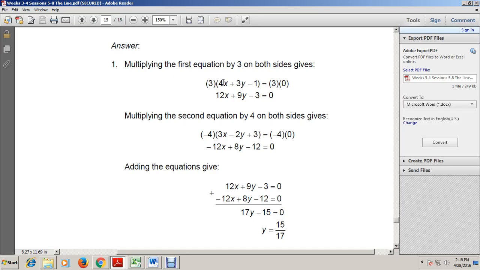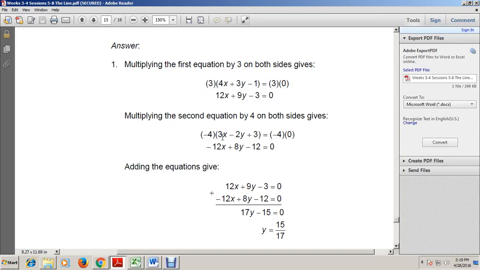The lowest common multiple of 4 and 3 is 12. To make 4 equal to 12, we have to multiply 4 by 3. Introducing 3 as a multiplication factor means that we multiply 3 to all of the member elements of the first equation.